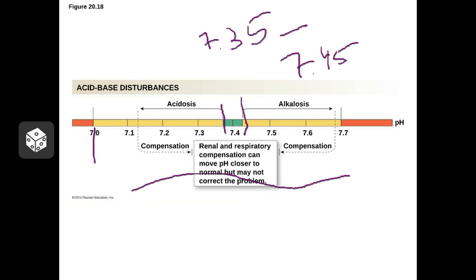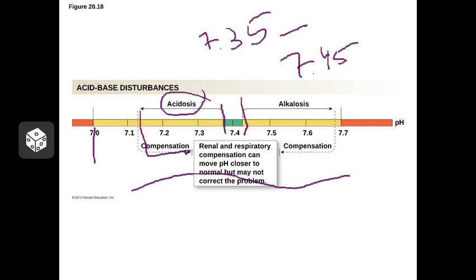Below 7.35, a patient is in acidosis. Compensation is possible. In other words, the body's mechanisms can come into play to correct acidosis, renal and respiratory system. It may not fully correct the problem, but there will be an attempt at it.